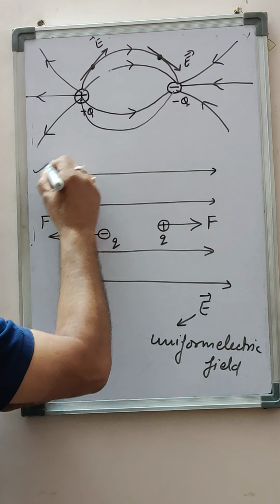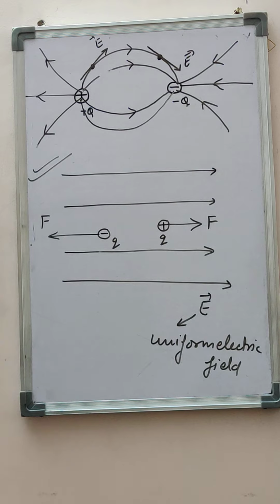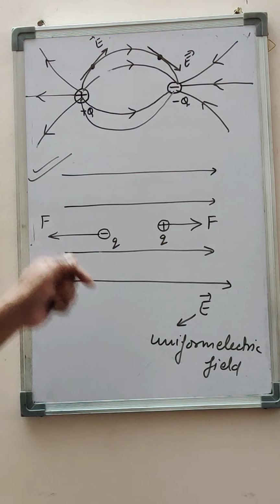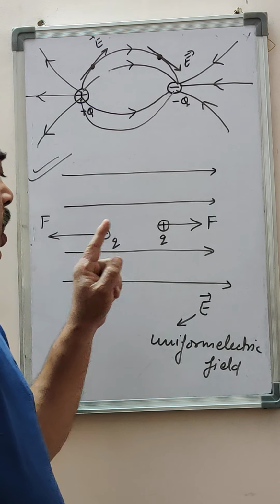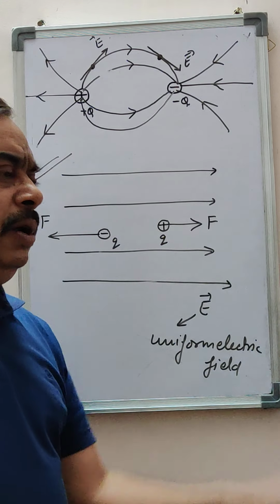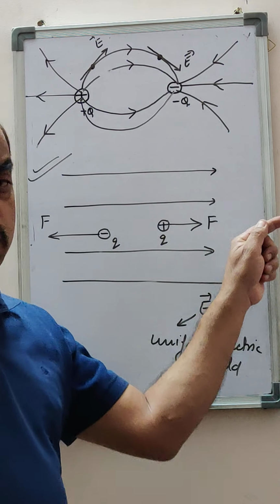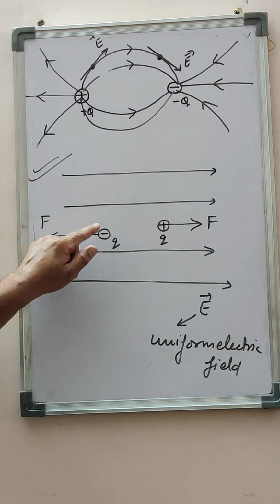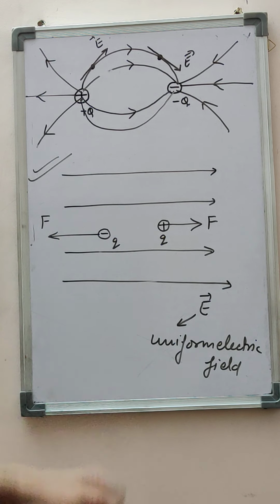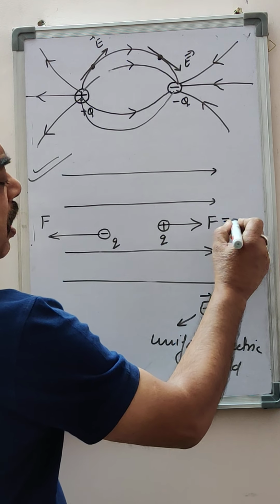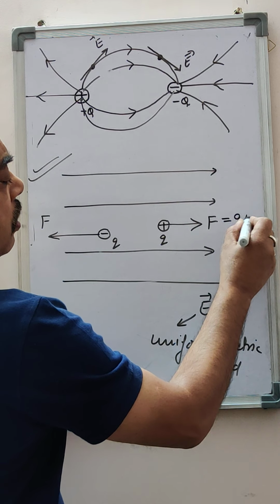This point will be very important for further derivations and numericals. In electric field, if positive charge is placed, force will act in the direction of field, and if negative charge is placed in field, then force will be opposite to the field. And the value of this force will be given by Q into E.